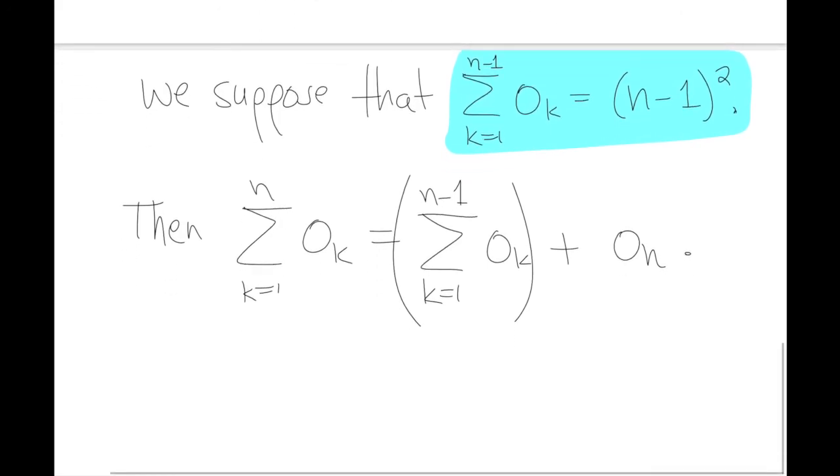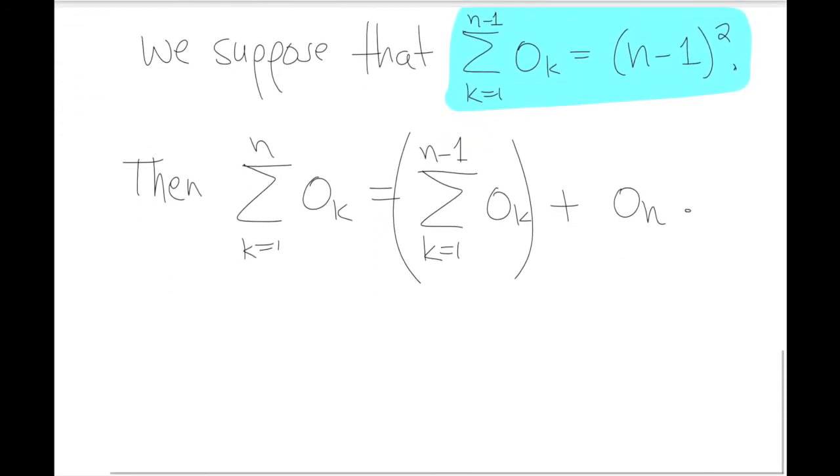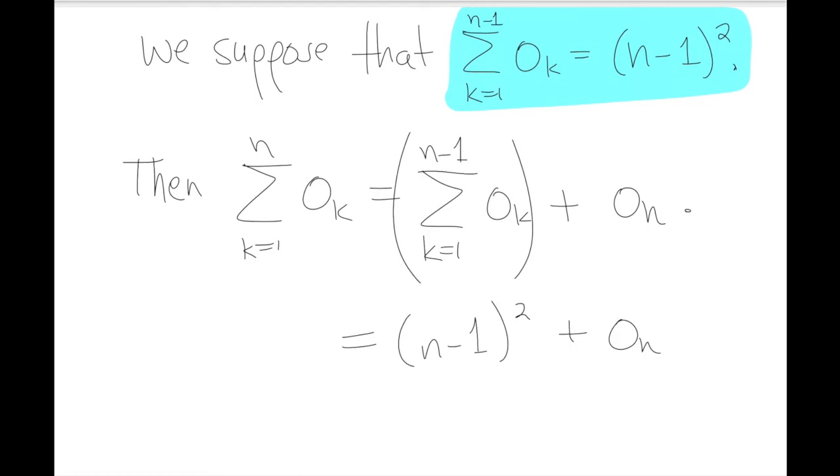Well, and now this just equals n minus 1 squared plus that nth term. And again, this here is the same thing as the stuff that's highlighted in blue. That's why these two lines are equal, because we're supposing by the inductive hypothesis that that's true.